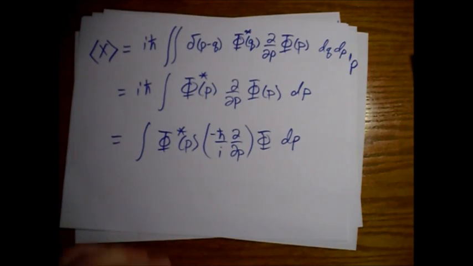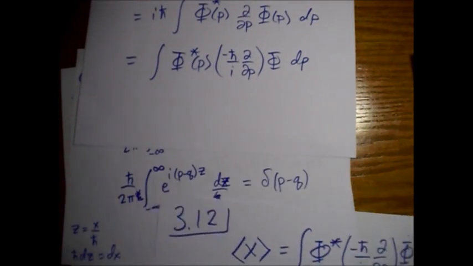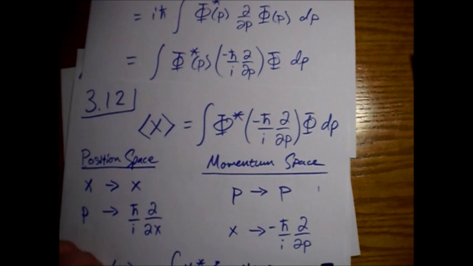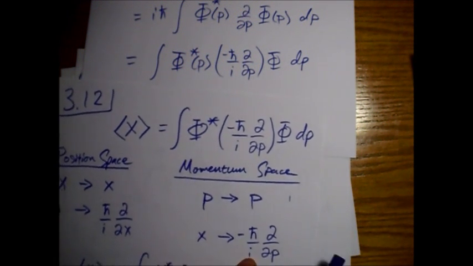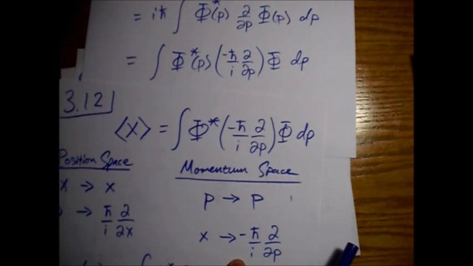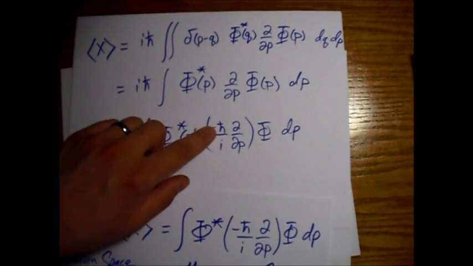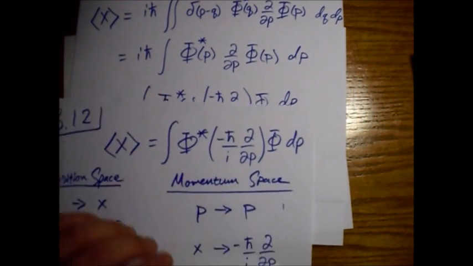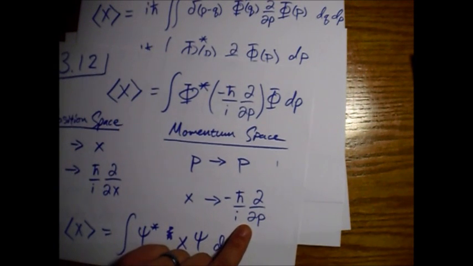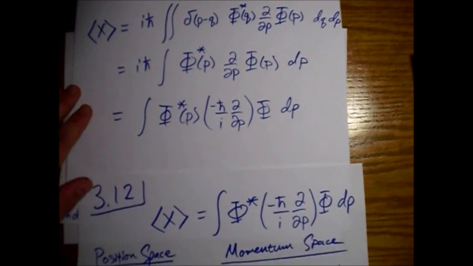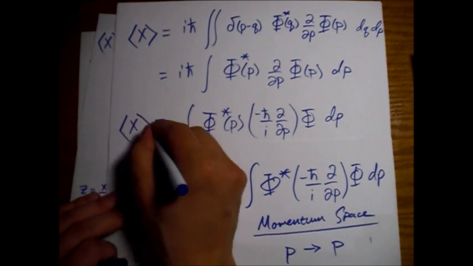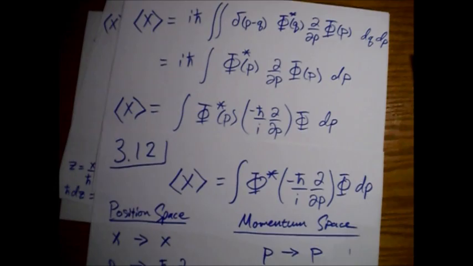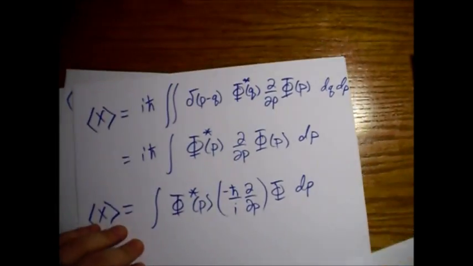Again, it just comes back down to whether we're in position space or momentum space. So this is the operator for x, minus ħ over i d by dp, and we're still just taking an expectation value of x, except in momentum space.